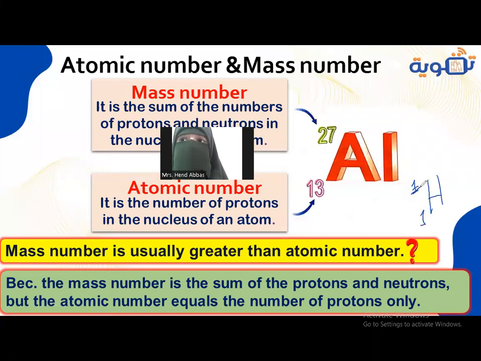Here it has only one proton, and this number is the mass number, the number of protons plus neutrons. It has one proton, so the number of neutrons is 0. Okay, so the mass number is usually greater than the atomic number except for hydrogen only.